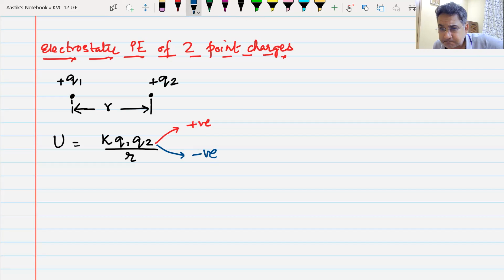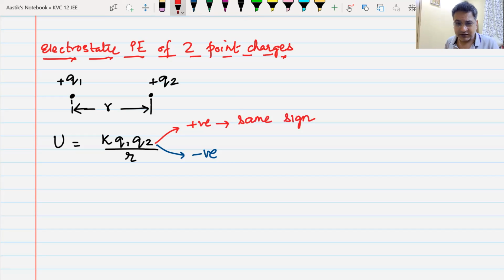Positive when both charges are positive, or negative. Negative when one of the charges is opposite. So basically, if they are of the same sign, this energy is positive. If both the charges are of same sign, both are positive or both are negative, this energy would be positive.